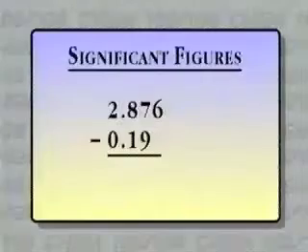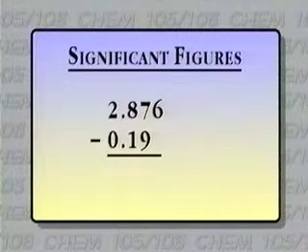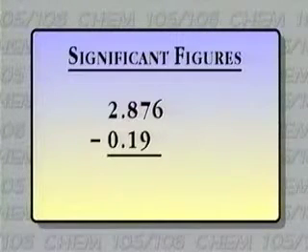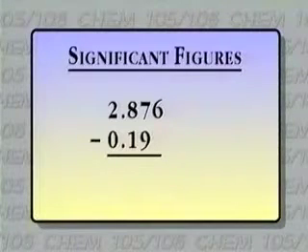Notice here we have 3 places after the decimal in that number, but we have only 2 after this one. So our answer should have only 2 places after the decimal point.